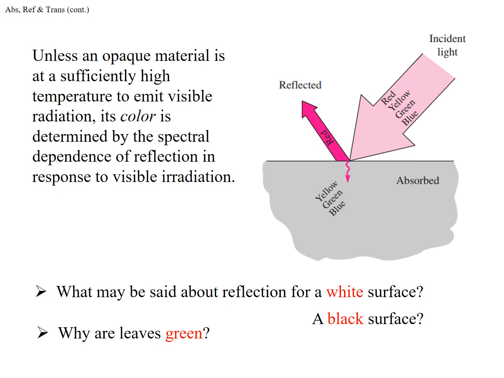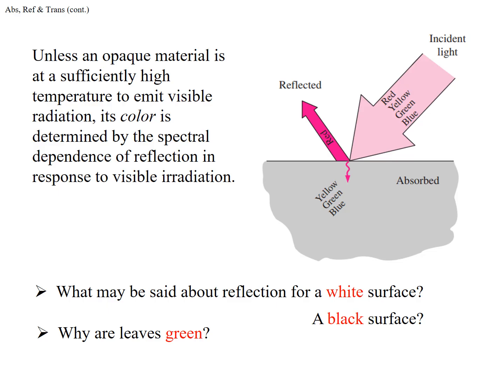What parts of that incident light get absorbed, and what parts get reflected, depends on the pigments on the surface. For example, if you have a red surface, the pigmentation is such that the red part of the incident light gets reflected, and the rest of them, like yellow, green, and blue, get absorbed. Because the red part of the light gets reflected to your eyes, you see it as red.